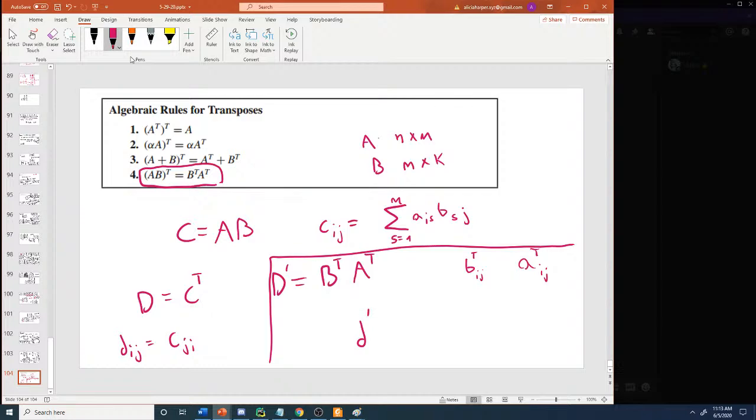So d prime ij here is going to be equal to the sum from s equals 1 to m of b_is times a_sj, but note that the component of the transpose is actually just the same thing as bji, and likewise the component of A transpose is the same as aji, so this is in fact the same thing as the sum from s equals 1 to m of a_is times b_sj.